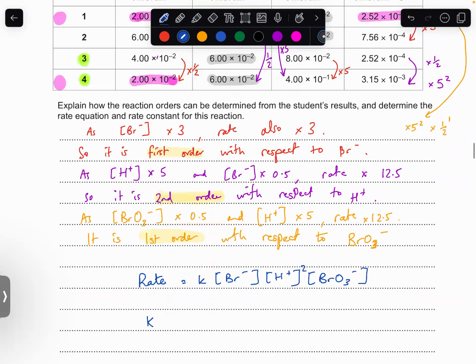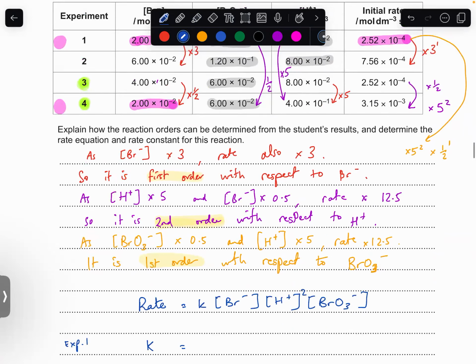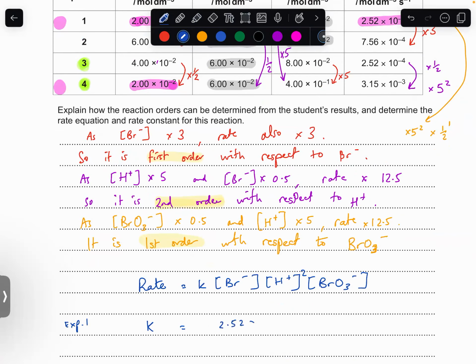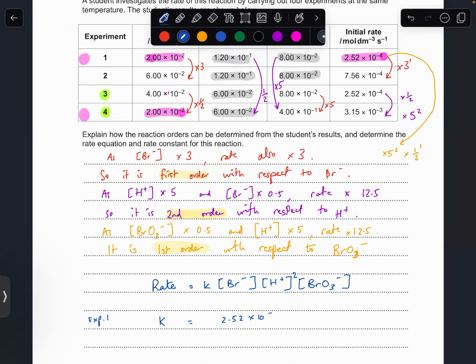Let's use experiment 1. So k is going to be equal to the rate, 2.52 times 10 to the minus 4, divided by 2.00 times 10 to the minus 2 multiplied by 1.20 times 10 to the minus 1 multiplied by 8.00 times 10 to the minus 2.